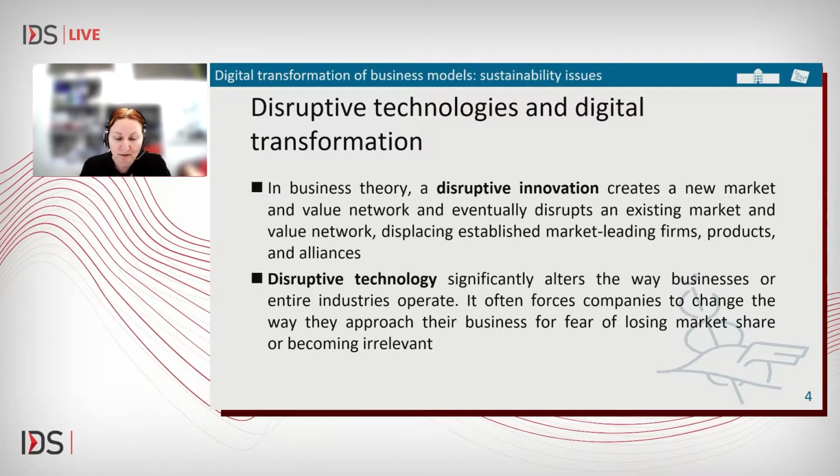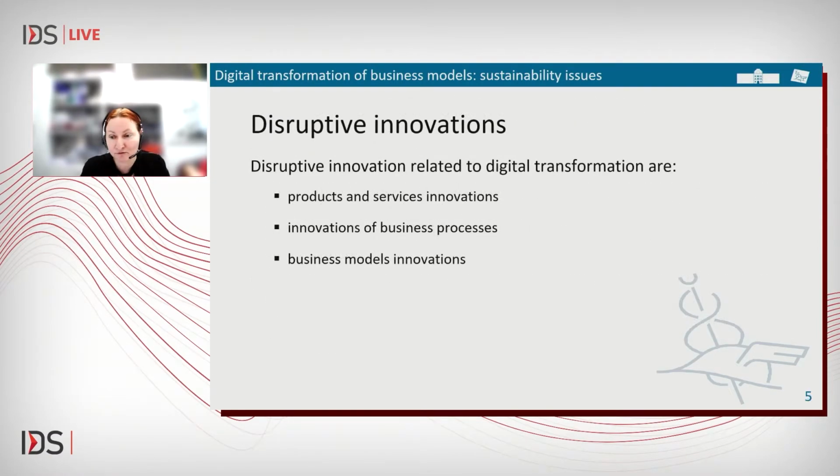There are a lot of disruptive innovations, but in the field of digital transformation, there are three aspects. We could have disruptive innovation in products and services. Then we could have innovation in business processes, and lastly we could have innovations in business models.